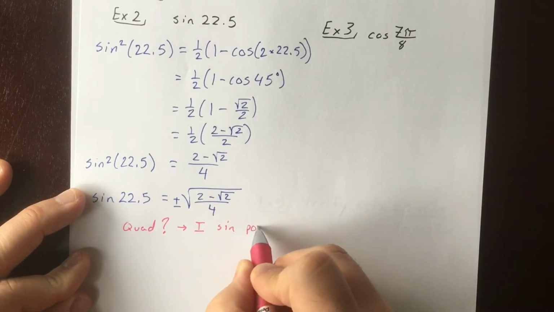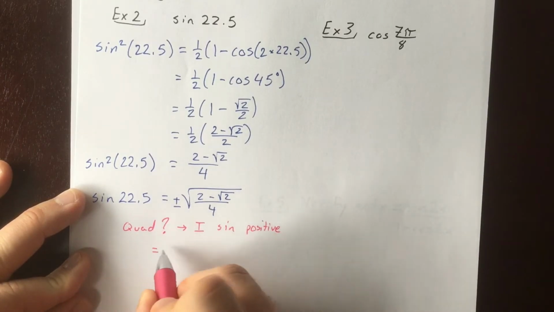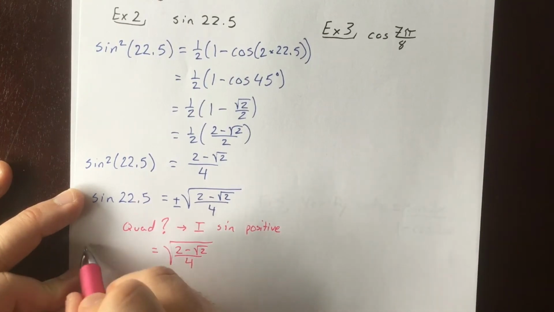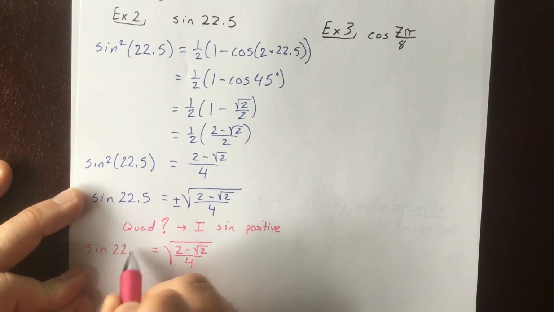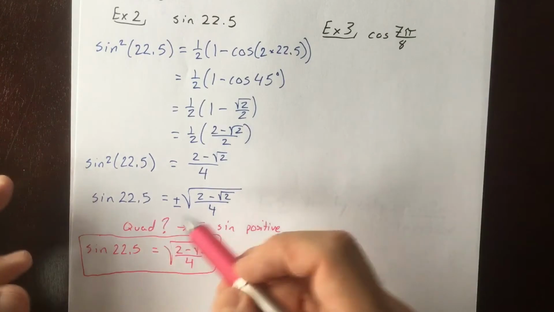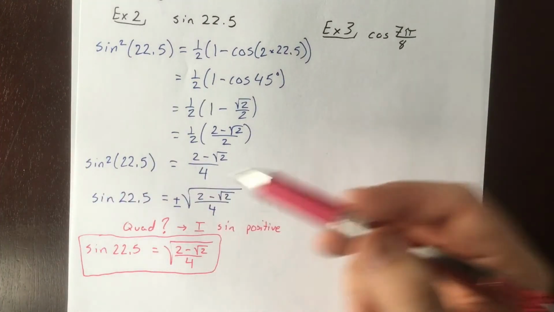Sine is positive in that quadrant. So our actual answer will be the positive square root of 2 minus root 2 over 4. We will have to think of which root we will be using, and it all comes down to which quadrant we are in.